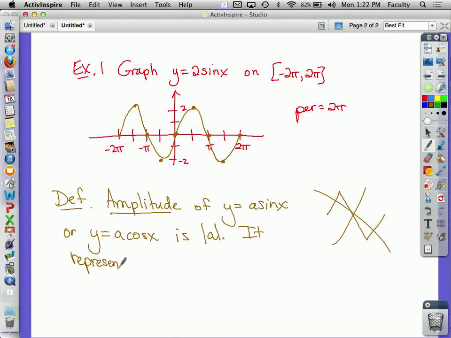Amplitude represents half the distance between the maximum and minimum values.